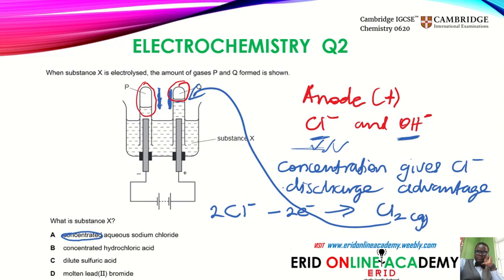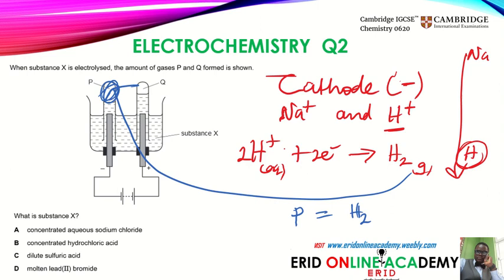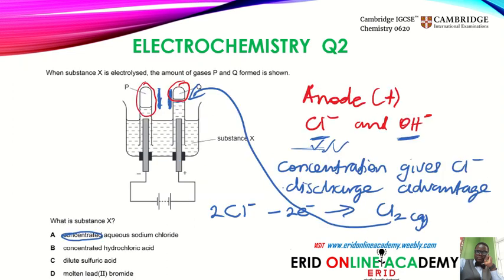Because if you look at the discharge of hydrogen, when hydrogen was discharged, you have 2 electrons being gained, and when chlorine was discharged, you have 2 electrons being lost. So if the gain and the loss of electrons are equal, that means for both of them it requires the same quantity of electricity.